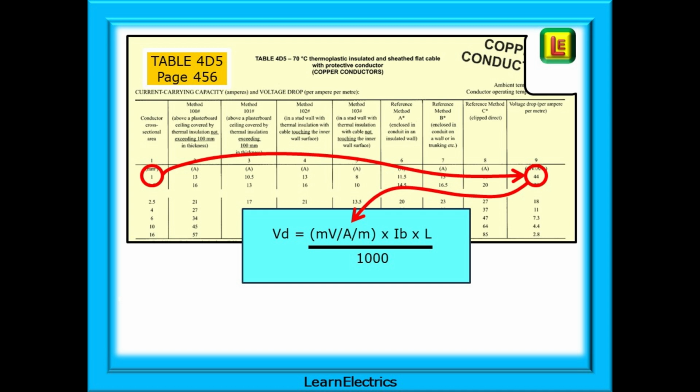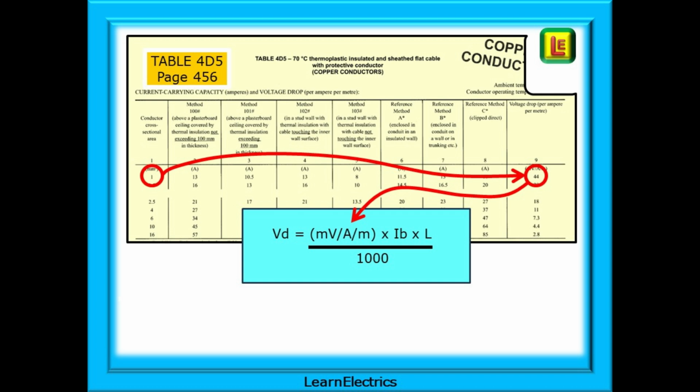That is the MVAM number for 1mm copper conductor. If we look down the left column and find 2.5mm cable, and then look in the right column, we have an MVAM number of 18. 2.5mm twin and earth cable will drop 18 millivolts for every amp that flows through every meter of cable.